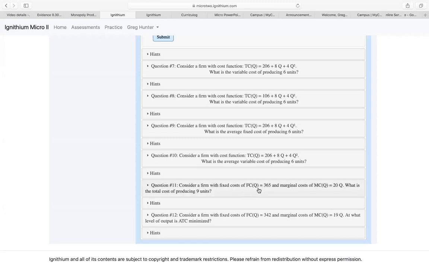So here you're given the pieces, but you're not given variable cost. And so what you have to know is that variable cost is the sum of the marginal costs, right?